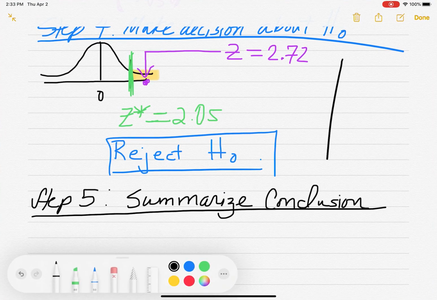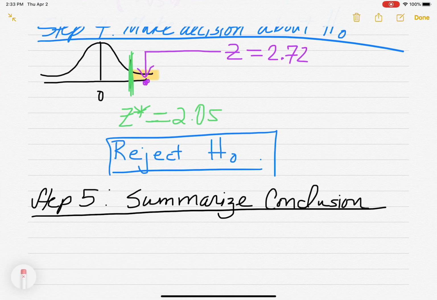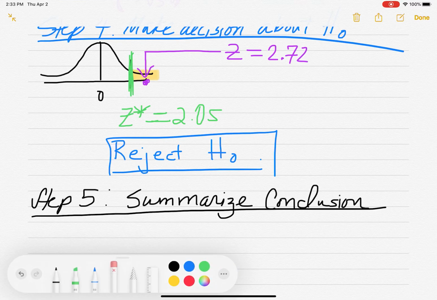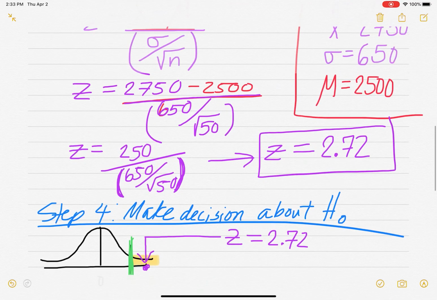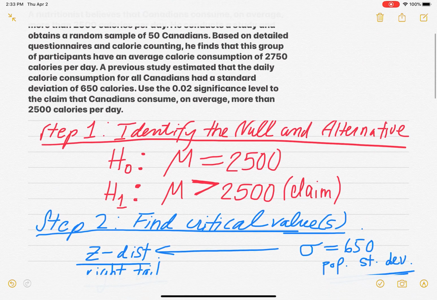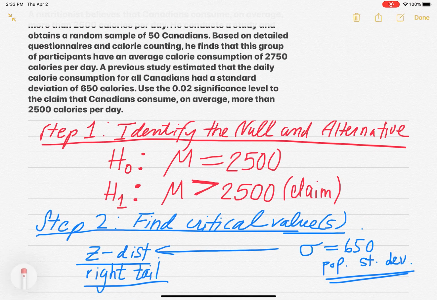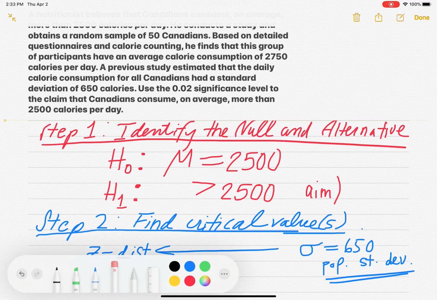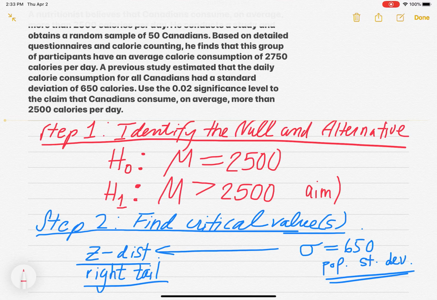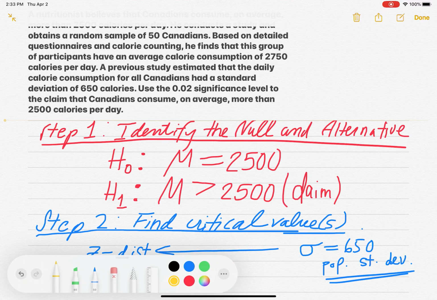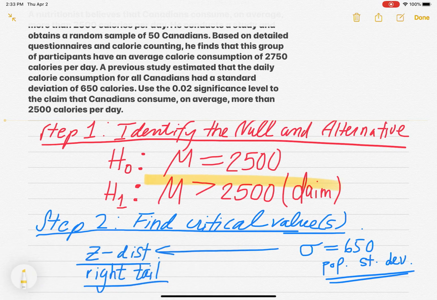The original claim was about greater than. Where was the claim we were testing? We were testing the claim right here, that the mean is greater than 2,500.